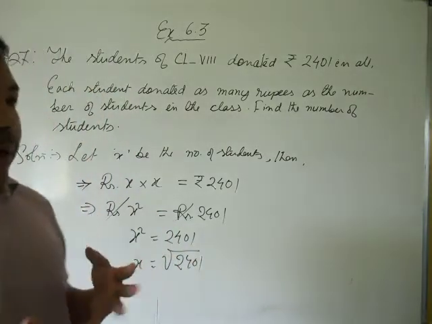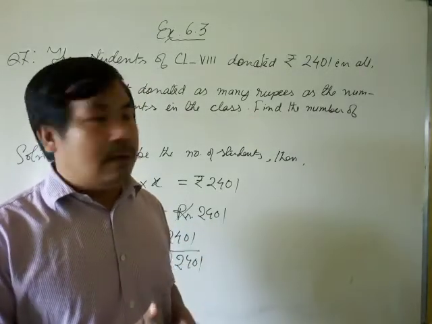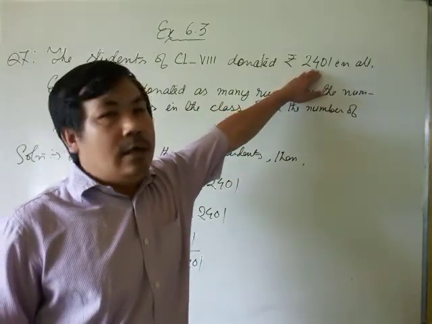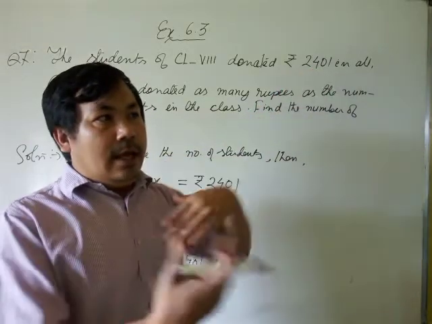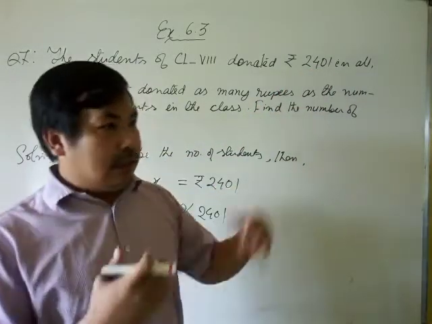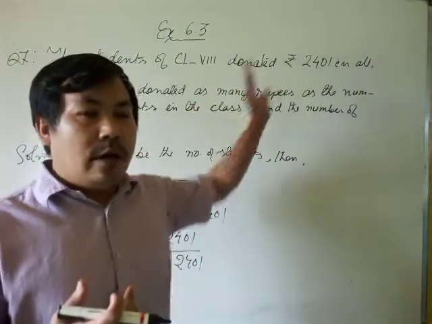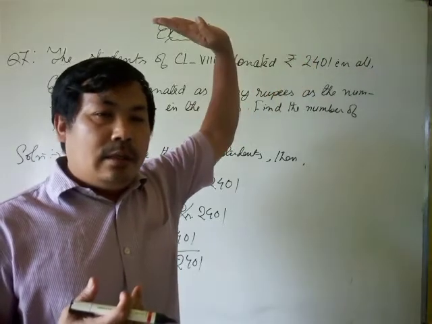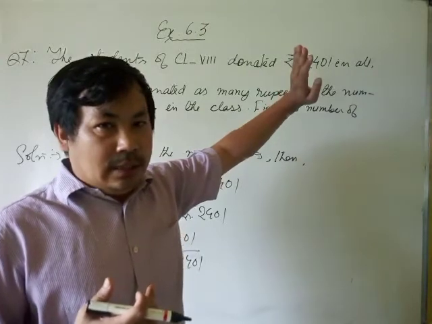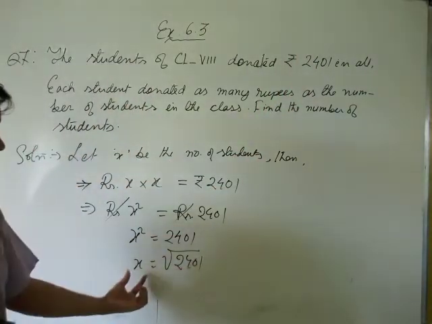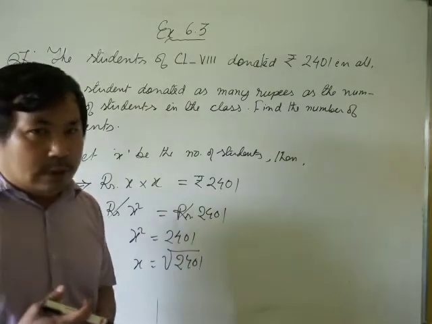That means a square will come out, so we have to take the square root of the number. If you take the square root of this number, you will get the number of students as well as the amount, because the amount and the number of students are the same. So we take the square root of the given amount.